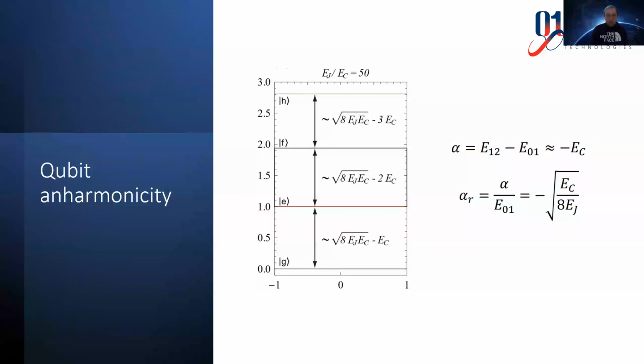However, this also results in a decrease of anharmonicity, meaning that energy levels approach the equidistant region with increasing EJ over EC ratio. So here we see the anharmonicity. Alpha is defined as the difference between the energy from the ground state to the first excited state and from the first excited state to the second excited state, which is proportional to the charging energy.